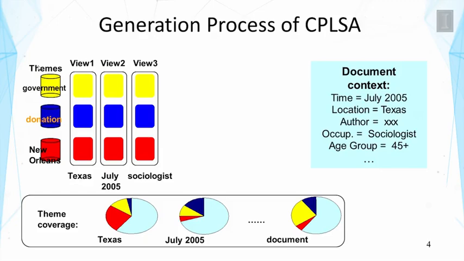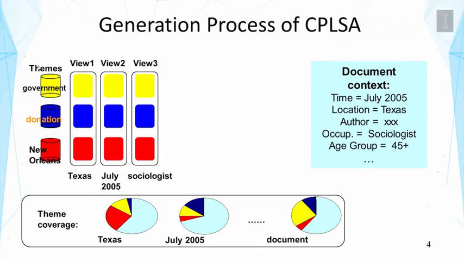Now on the right side, you see we assume the document has context information. So the time is known to be July 2005, location is Texas, etc. Now, such context information is what we hope to model as well. So we're not going to just model the text. And so one idea here is to model the variations of topic content in different contexts. And this gives us different views of the word distributions.